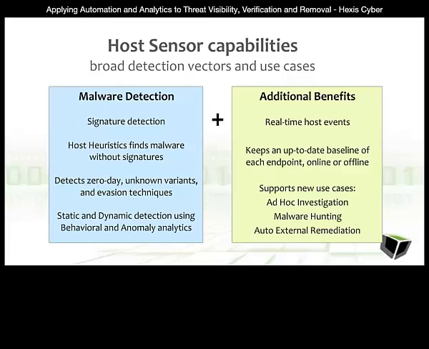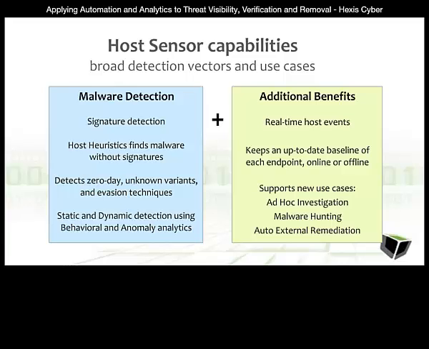Maybe I talked about what's bad about signatures in the past couple of slides, but signature detection is an easy way to verify high volume, important threats to offload the processing from our host heuristics. And we use those in concert so we give a higher fidelity of detection without impacting load on the endpoint.